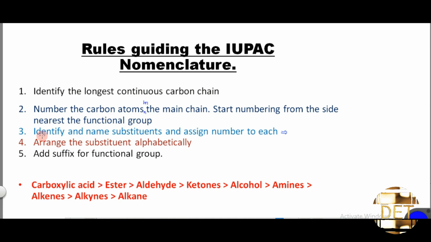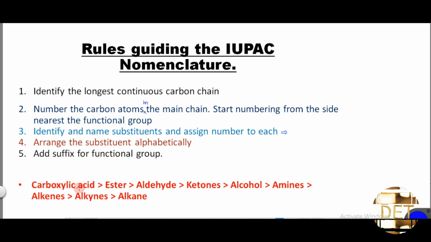The third thing is to identify and name the substituents, and then assign a number to each. The fourth rule is to arrange the substituents alphabetically and then add the suffix for the functional group.